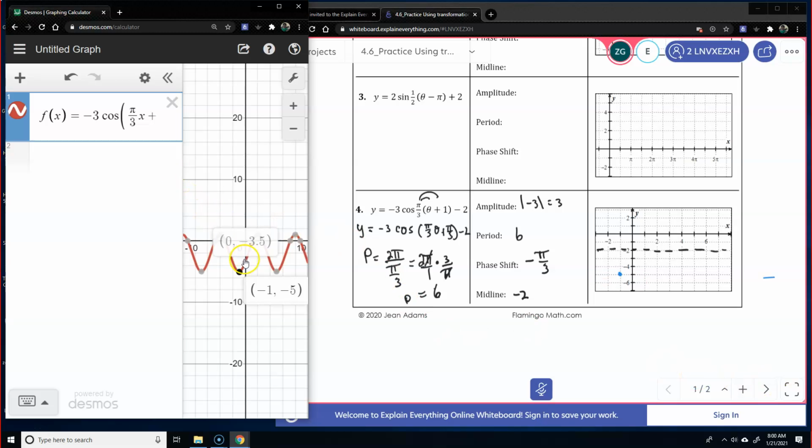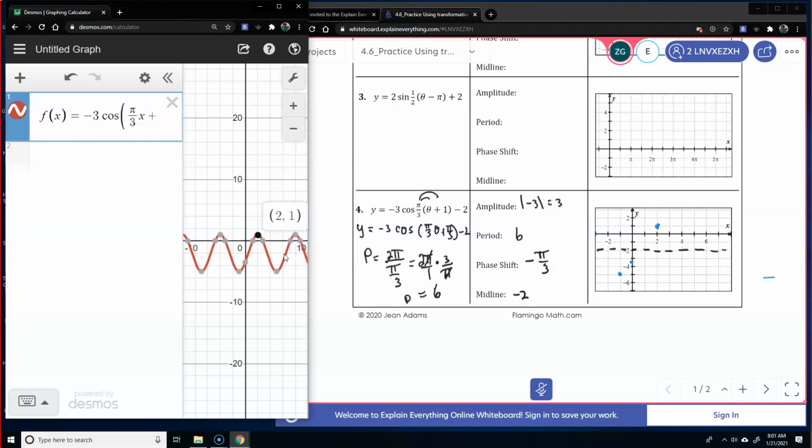And then we have the y-intercept 0, -3.5, which is right here. And then we have the highest point, which is 2, 1. Let me go ahead and erase this right here.